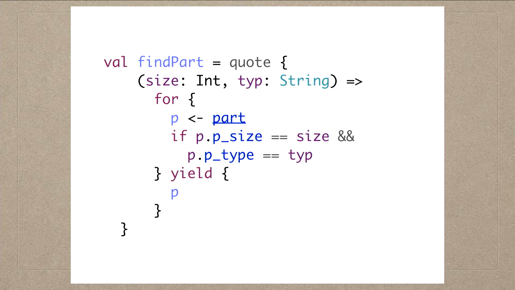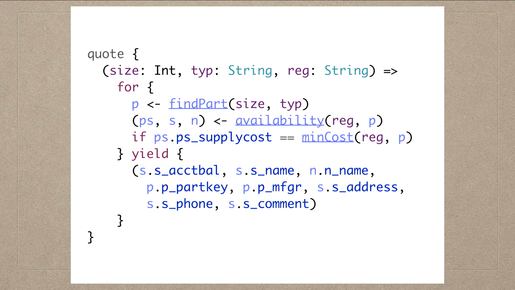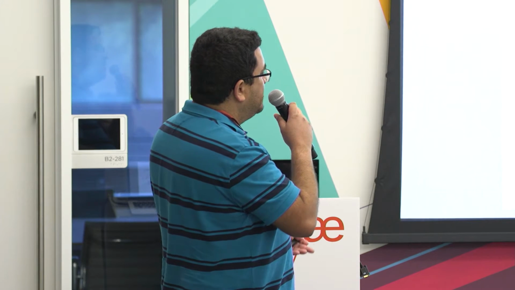And the last one is find part. This is actually very simple: given a size and a type of part, query the part table, filtering by the condition. And here we have the final query that is much more readable and easier to understand, because we have these small parts that we are composing. So find the part, then find the availability, and select the one that has the minimum cost in the region.